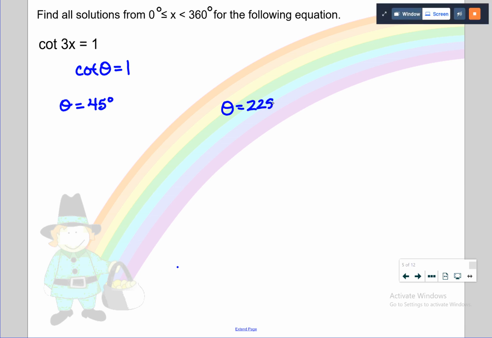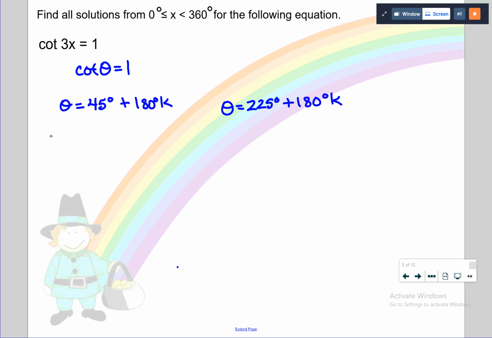And to each of those, I'm going to add the period times k. What's the period of tangent and cotangent if you're in degrees? 180 k. Doesn't it feel weird to do things in degrees now? I feel like it's almost harder.